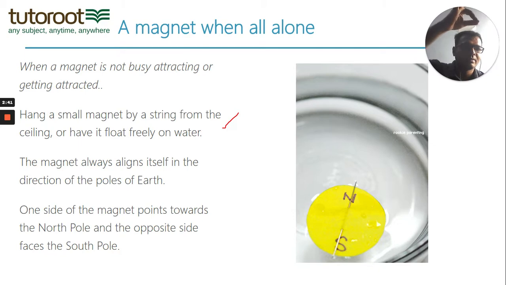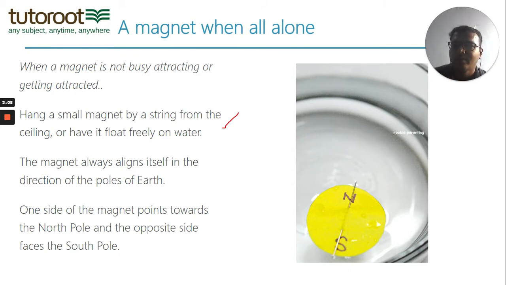Hold a magnet by a string with a hand, just suspend it freely in air, or have it float freely on water as I've shown in the diagram. What we see is that in both cases the magnet always aligns itself in a particular direction. Whether it be in water or hanging by a string, it turns and stays in a particular direction. Now what is that direction? Why is it doing so?